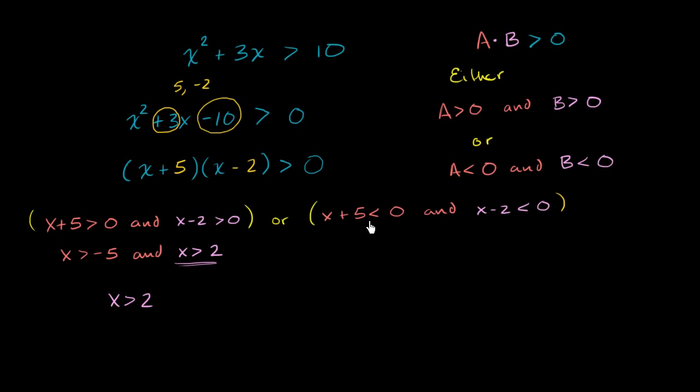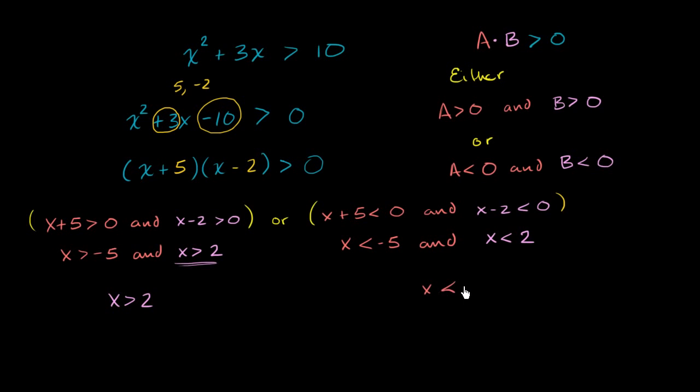Well, x plus 5 less than 0, subtract 5 from both sides. That is x is less than negative 5. And add 2 to both sides of that inequality, you get x is less than 2. Now, if x is less than negative 5 and x is less than 2, what do we know about x? Well, that just means that x has to be less than negative 5.